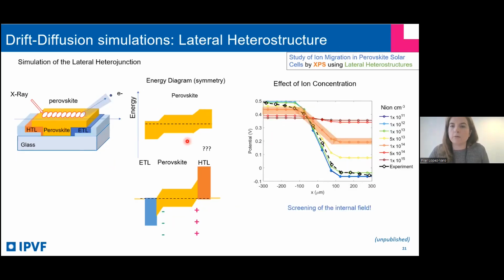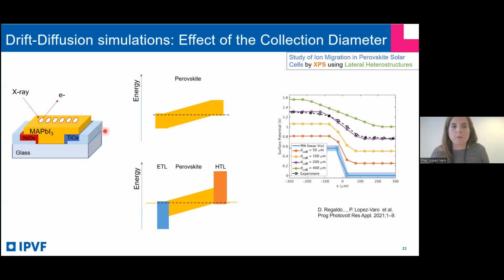so we can estimate this ion concentration. But what happens is that in an XPS, when we are illuminating the sample, we are illuminating some spot size. Depending on the diameter of this spot size, we can get different information. It's not going to be the same as if our spot size is nanometers, where we can really replicate.